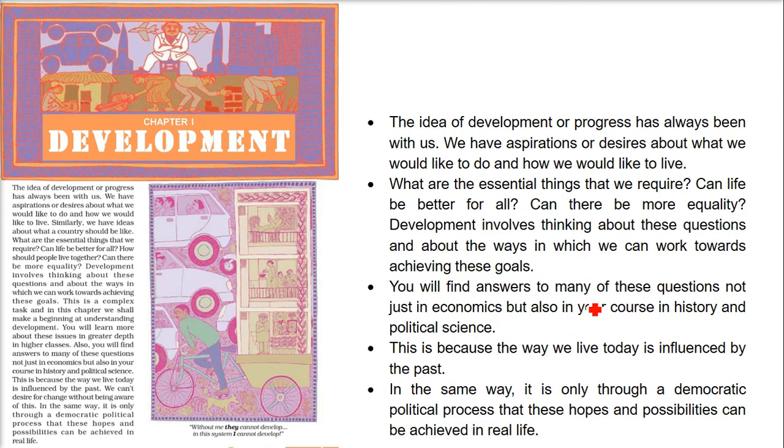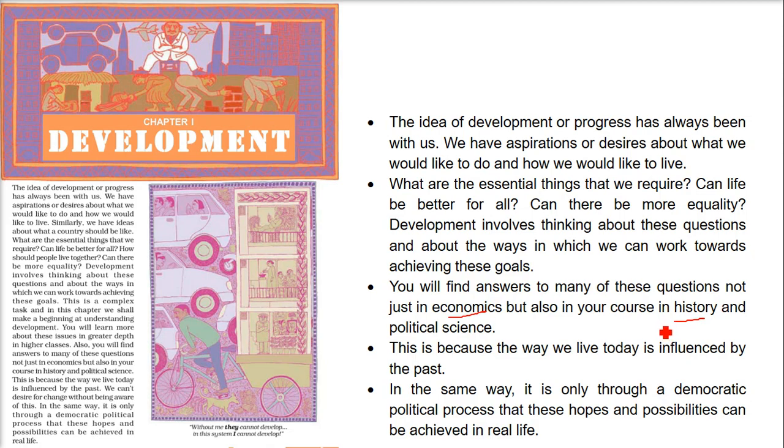Okay, so you will find various answers to various questions, not in just economics. We are discussing economics, but we need to understand history and political science also. Why? Because everything is influenced by the past. That is why we need to understand history also. The situation today was not made in a day.